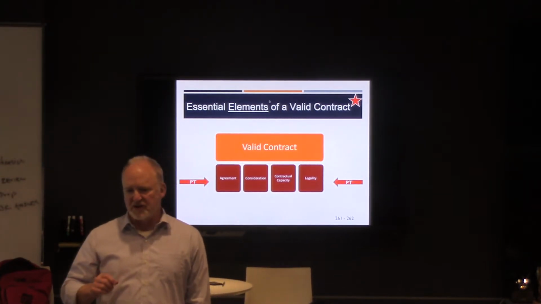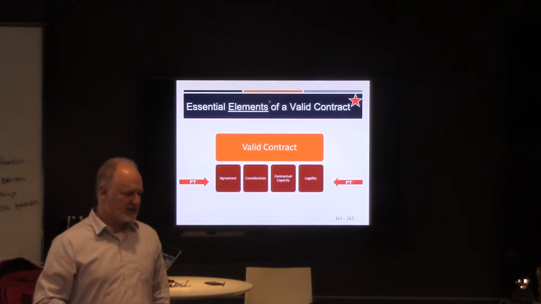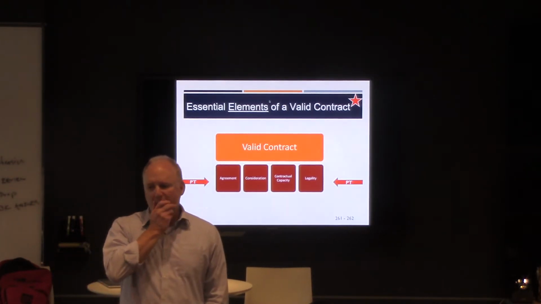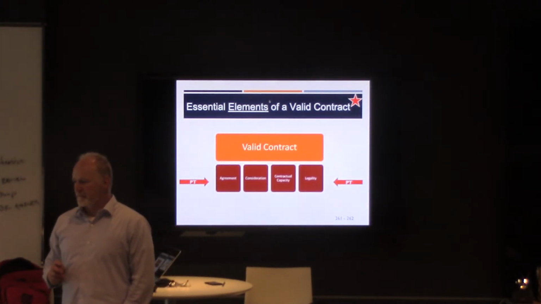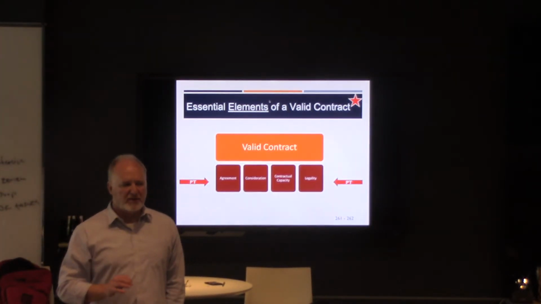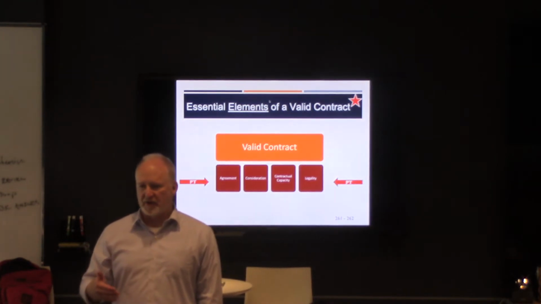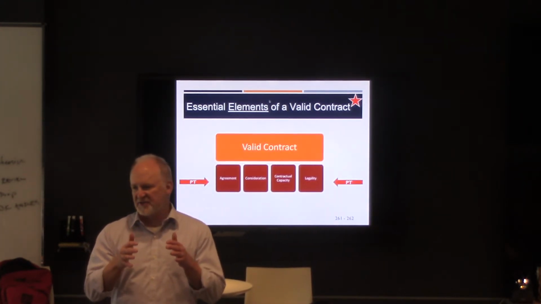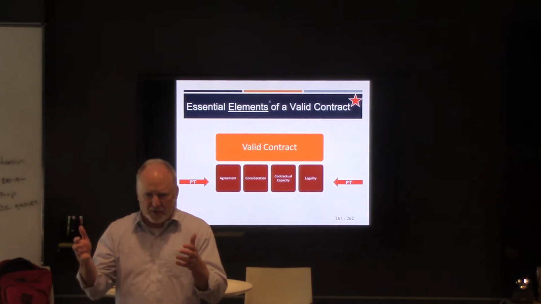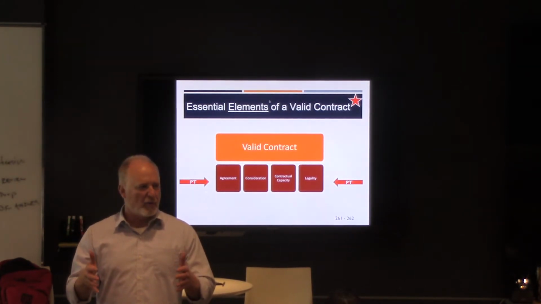In other words, not ambiguous. This is why we don't want agents drafting their own contracts, because they're not in the business of writing clear, concise terms. Like attorneys, I mean, this is what attorneys do every day. That's why we want them to write these contracts.